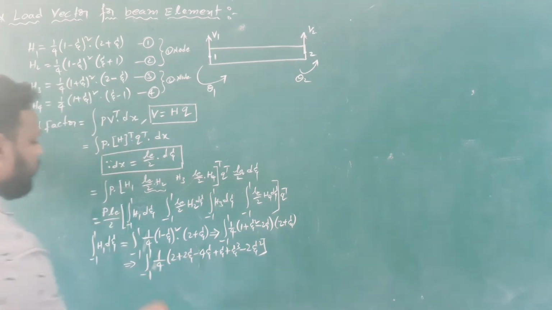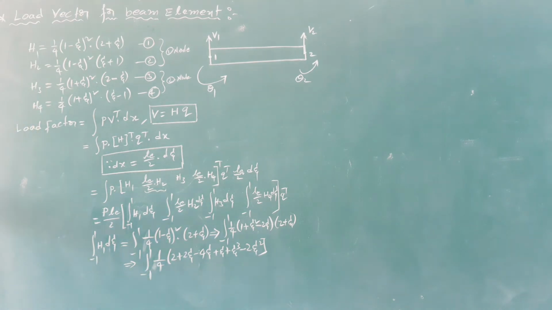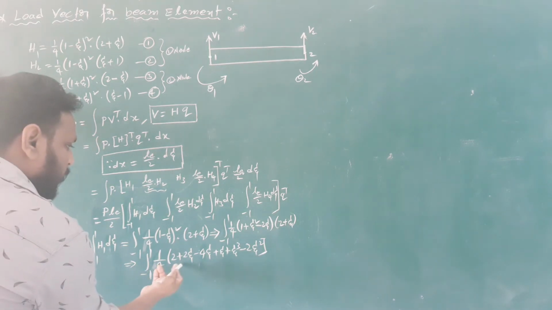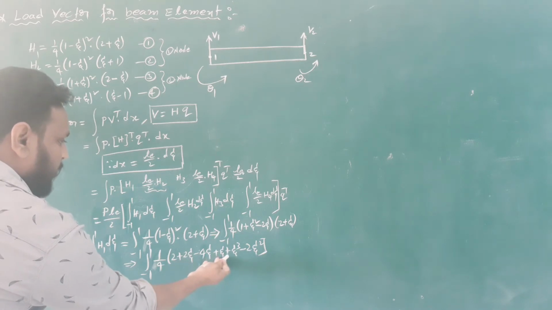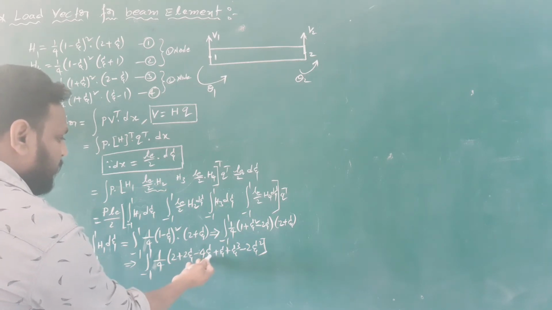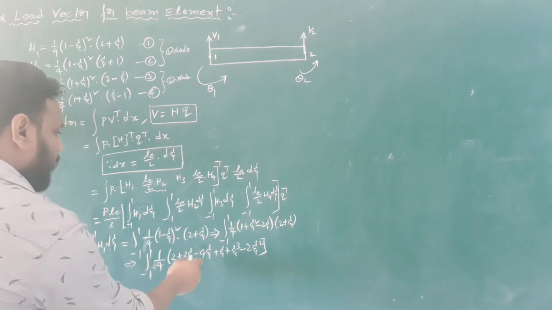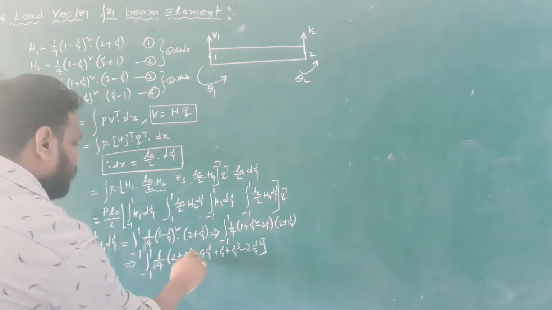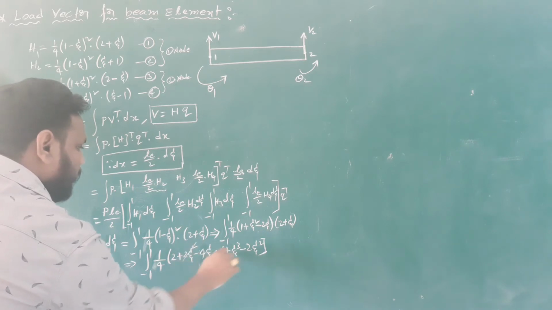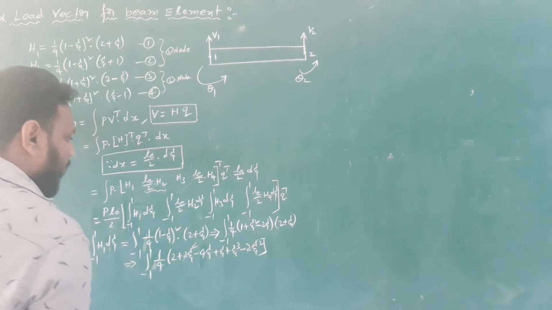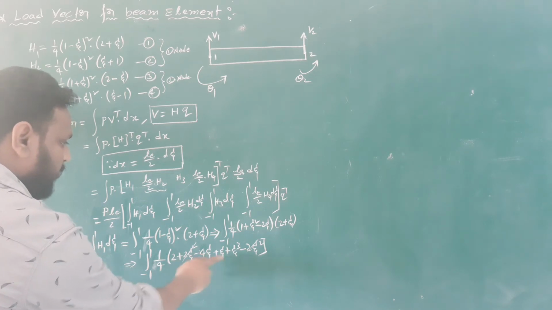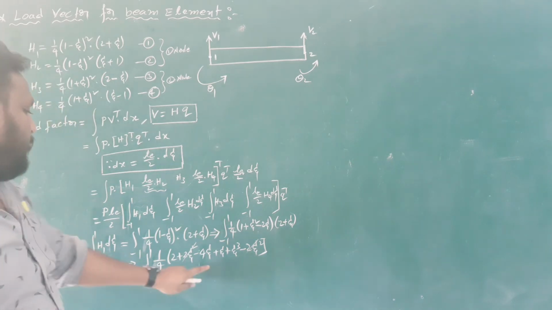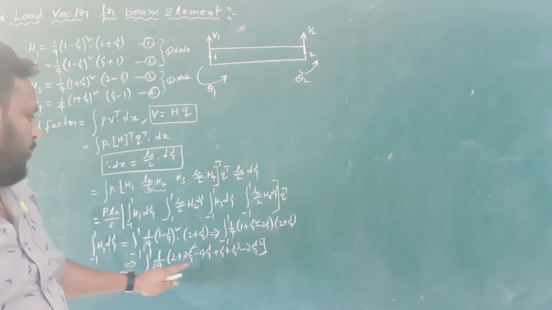Finally we got this relation. So cancel it: here 2z is there, here 1z, so total 3z. Next, 2z square cancels, and 3z is there and here only 1z, so after subtracting it becomes minus 3z, and 2 is constant.